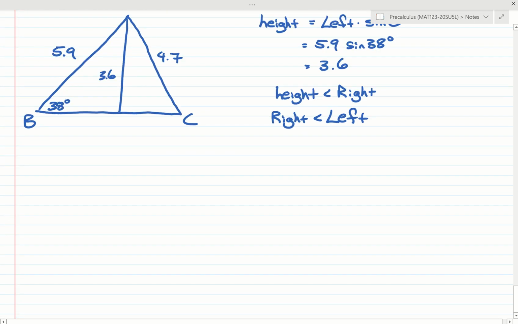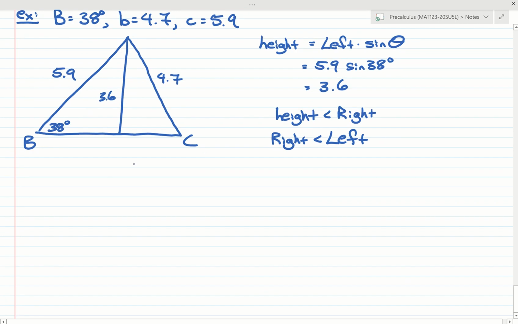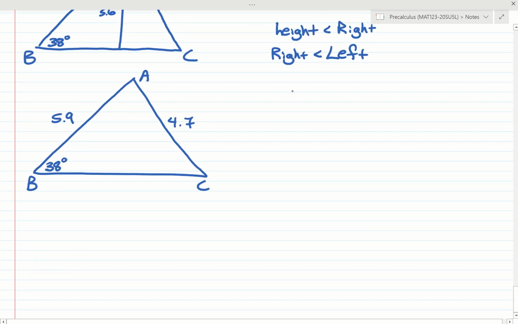First thing let's do is let's find the normal triangle, and then we'll find the second. So we'll get organized.